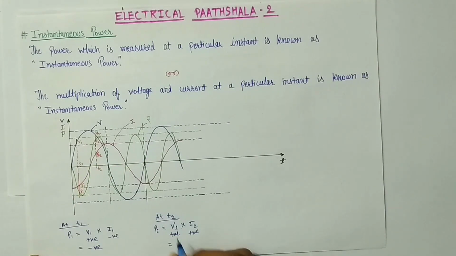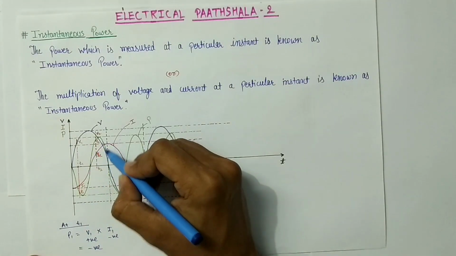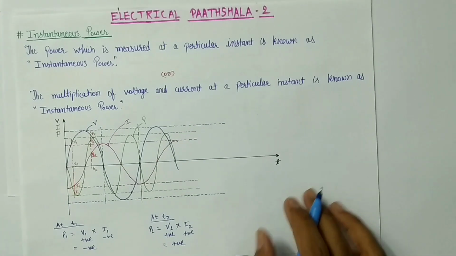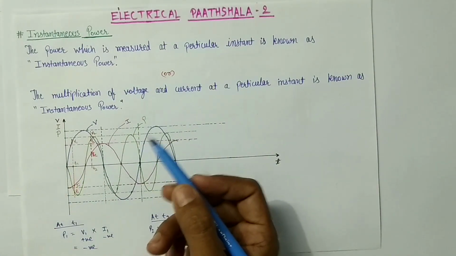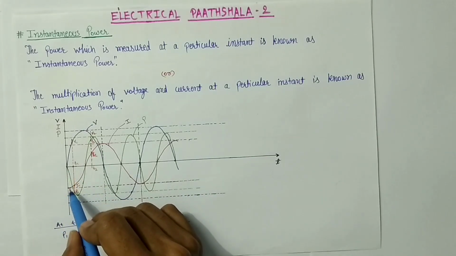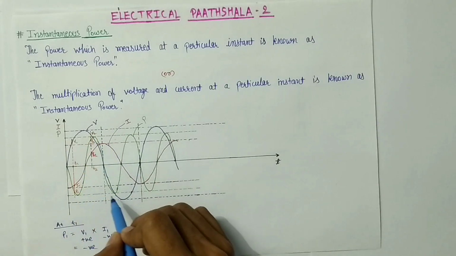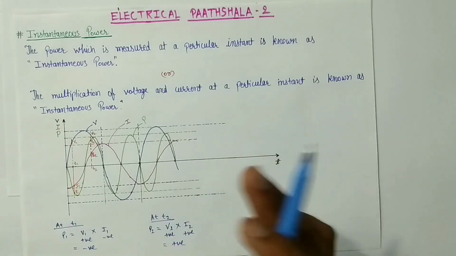Therefore the multiplication of these two will be positive, and you can see here that power is also positive. So what does this mean? It means that instantaneous power is positive and negative as well, and you can see here in the waveform also that power waveform is positive and negative as well. So we can say finally that instantaneous power can be positive and negative as well.